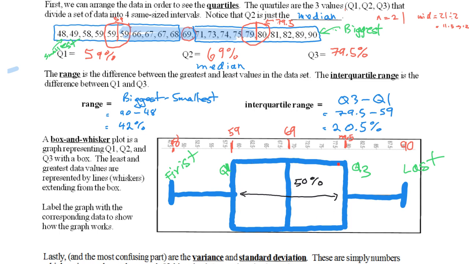So we have a box for our Q1, our Q2, which is right in the center, and Q3 at the end, right? And then the whiskers come off to go from the edge of the box to the first and the last point. And that's it.